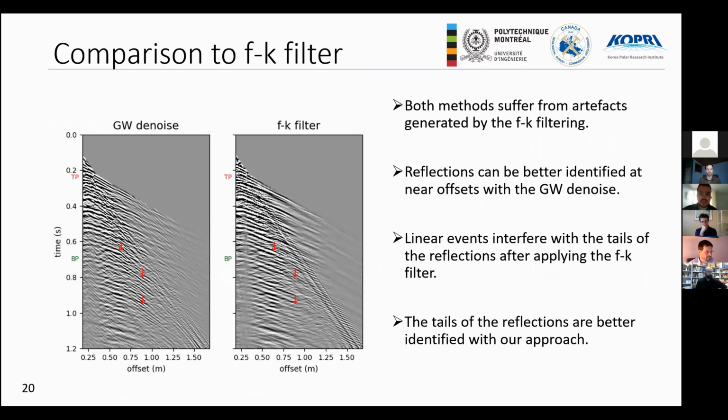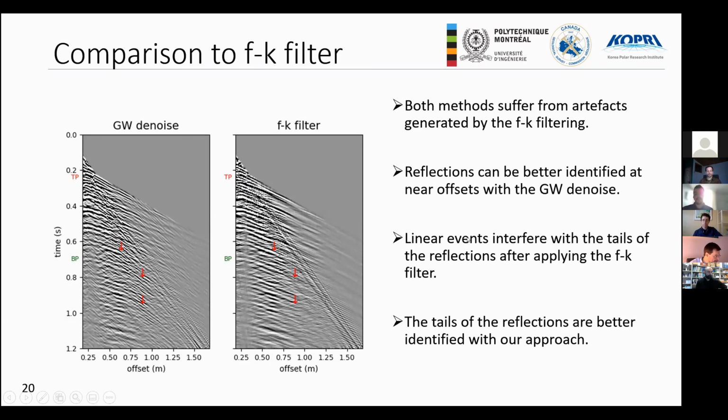So in the shot-gather domain, you can say that both filters suffer from artifacts generated by the FK filter. You can notice that in here, and you can also notice that in here. Reflections can be better identified at near offsets with the guided wave noise filter. So in here, you have a much clearer image compared with this one in here.